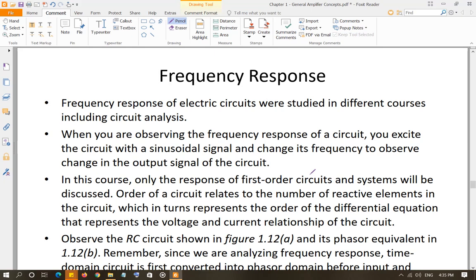Every quantity in the circuit was a complex number, given by the magnitude and the phase. So the input had a magnitude and a phase.